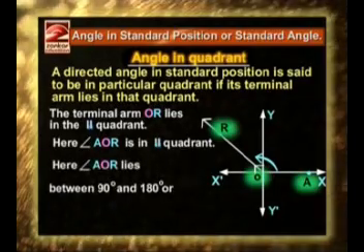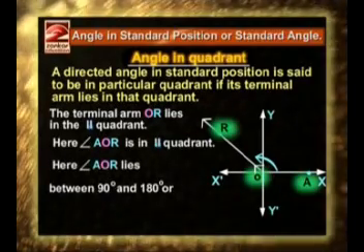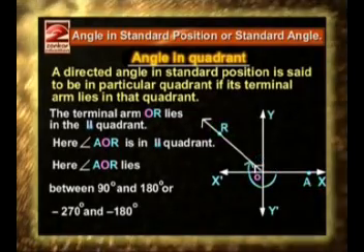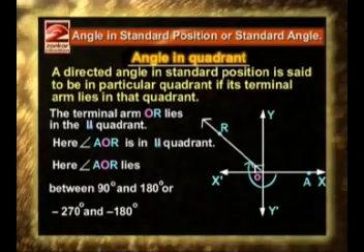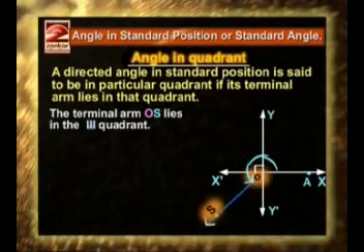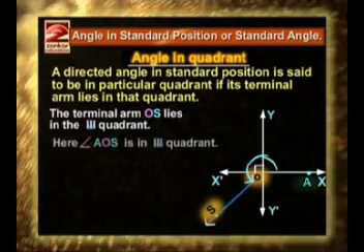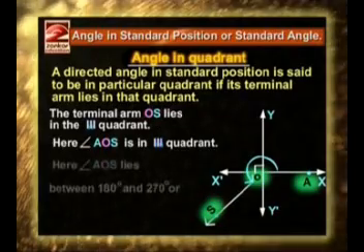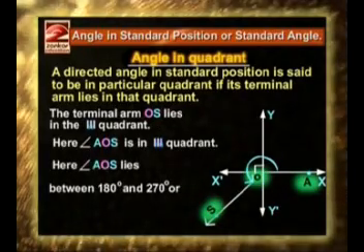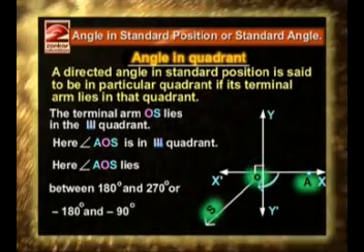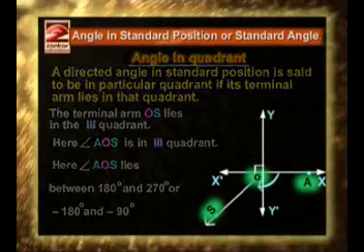Here the angle lies between 90 degrees and 180 degrees or minus 270 degrees and minus 180 degrees. Then, here the terminal arm OS lies in the third quadrant, so the angle AOS is in the third quadrant. Here the angle lies between 180 degrees and 270 degrees or minus 180 degrees and minus 90 degrees.